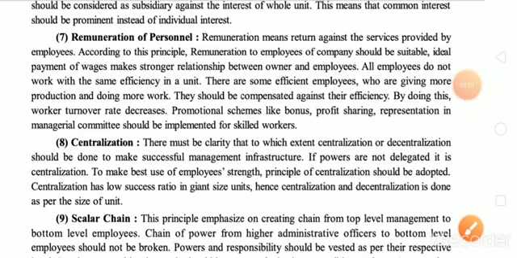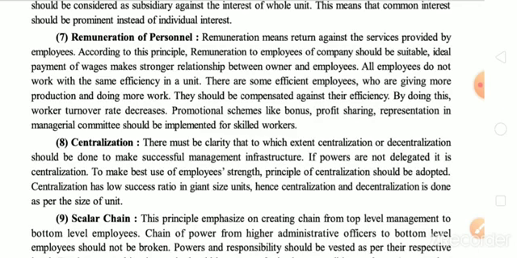Now let us move towards the eighth principle, that is centralization. There must be clarity as to which extent centralization or decentralization should be done to make a successful management infrastructure. If powers are not delegated, it is centralization.